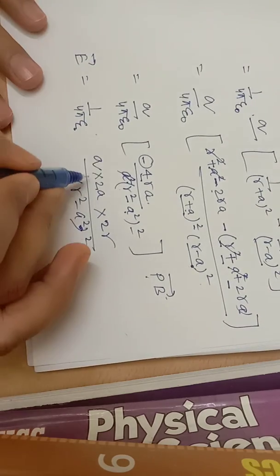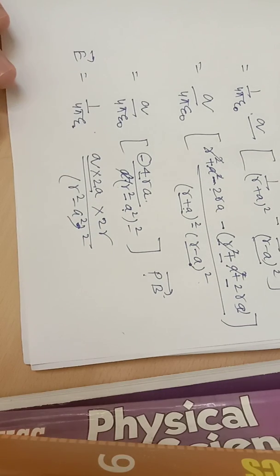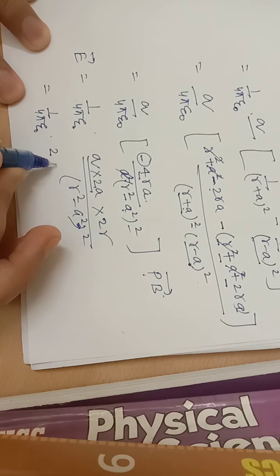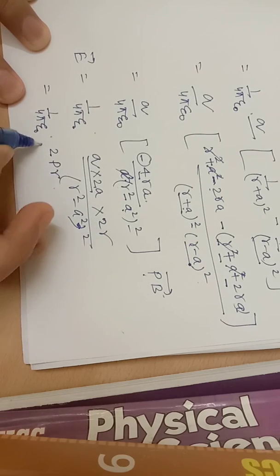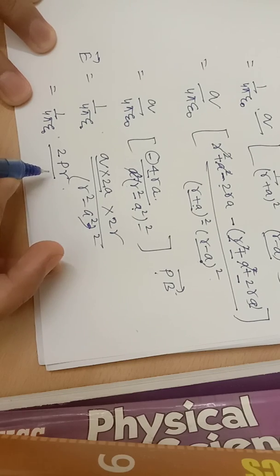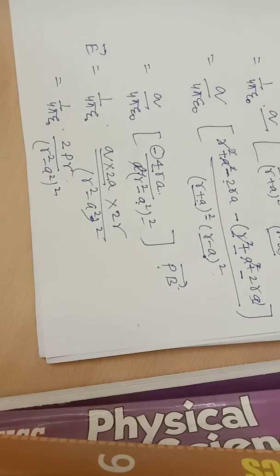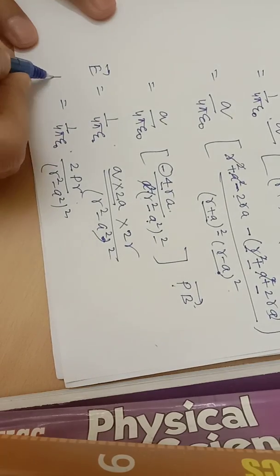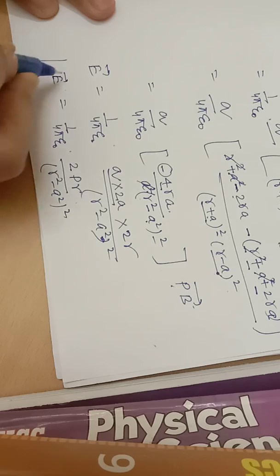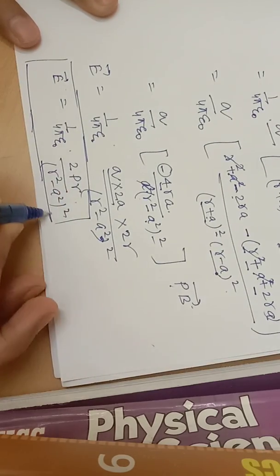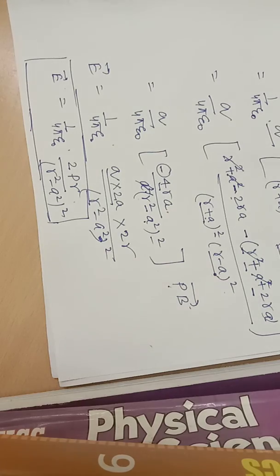This 2QA is the dipole moment, you are quite aware of this. So 1 upon 4 pi epsilon naught, 2PR upon R square minus A square the whole of square. This is E, the formula for the electric field intensity due to a dipole at an axial point.